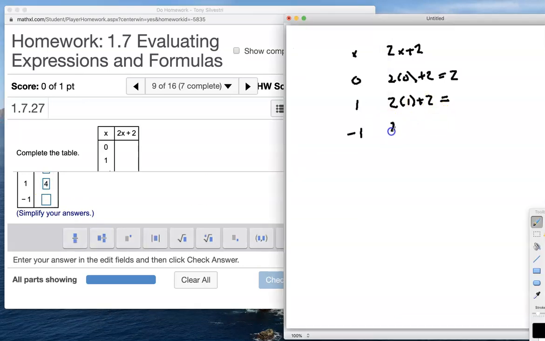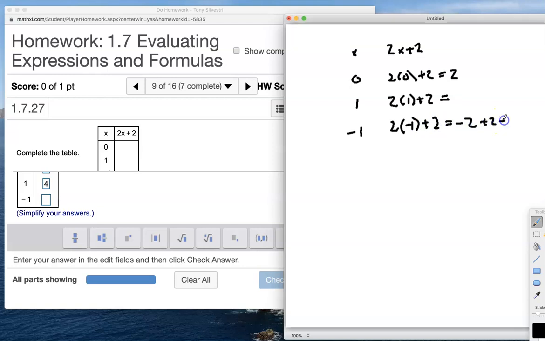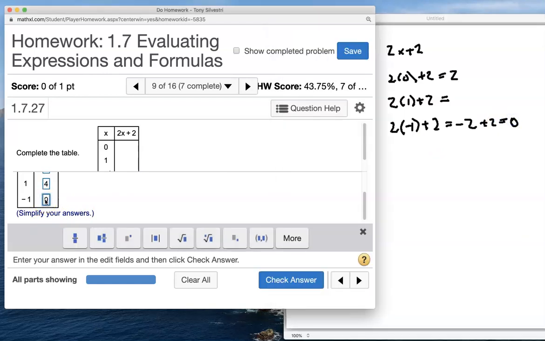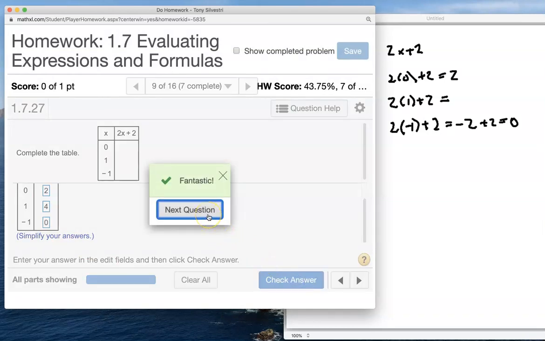And last is 2 times negative 1 plus 2 equals negative 2 plus 2, and that's equal to 0. Even though it's 3 separate problems, that wasn't too bad. Check your answer. Fantastic.